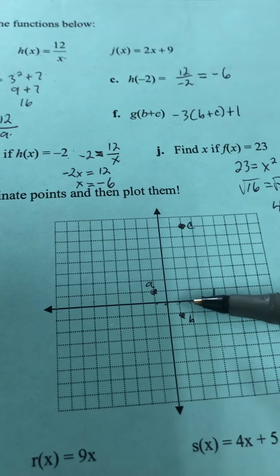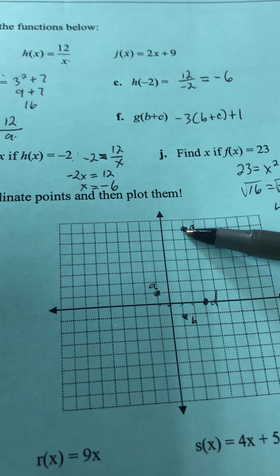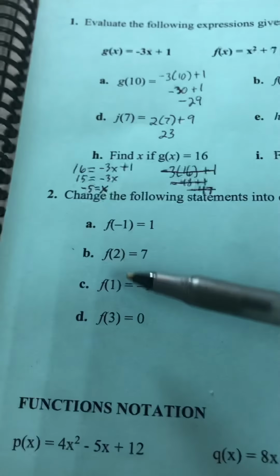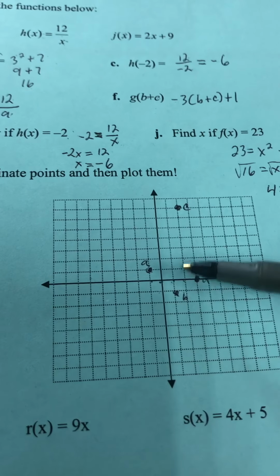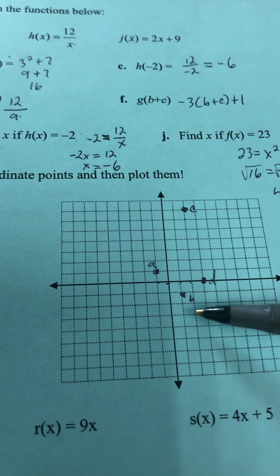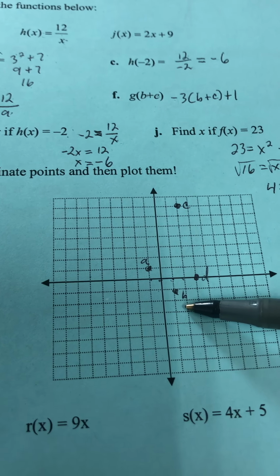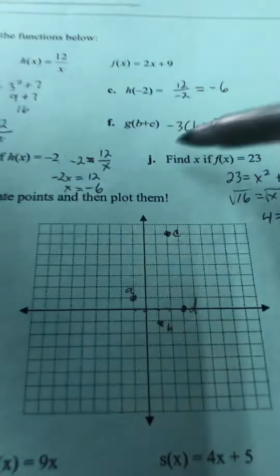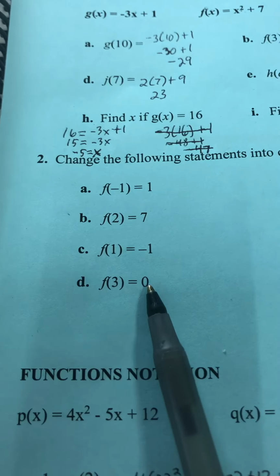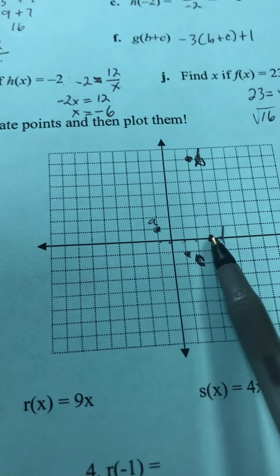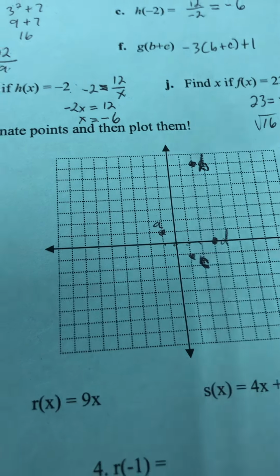If the input's 1, the output's negative 1. Actually, this should be B, labeled B, and this should be C. Sorry about that. And then if the input's 3, the output's 0. X and y.